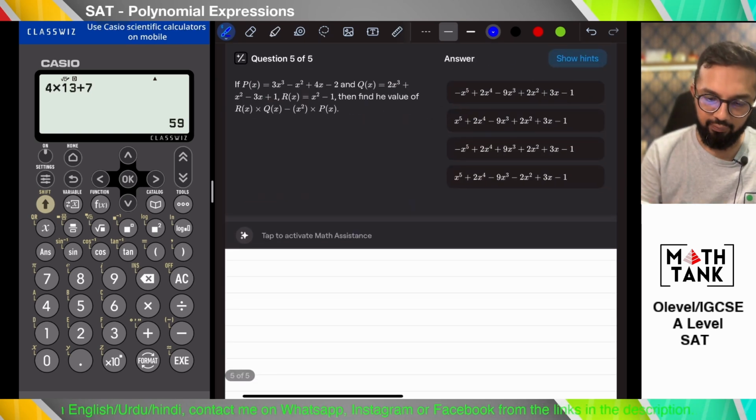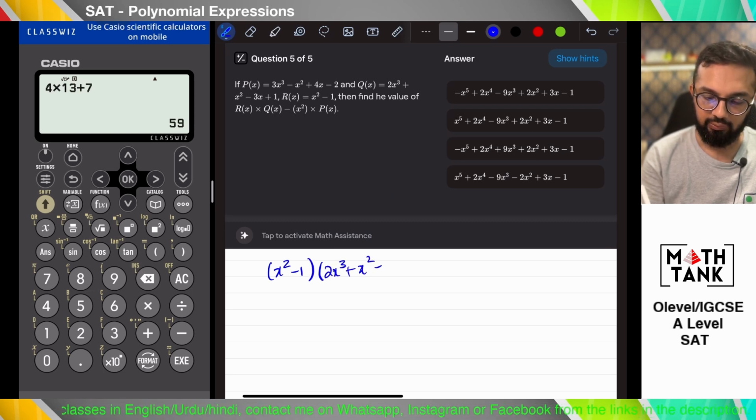Question number 5. Though again, challenging question there. Okay, 3x cubed minus x squared plus 4x minus 2 and this R(x), then find the value of R(x) into Q(x) minus x squared into P(x).